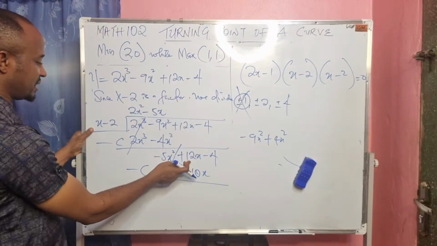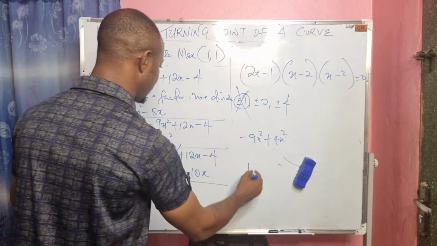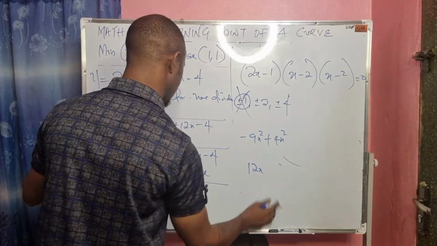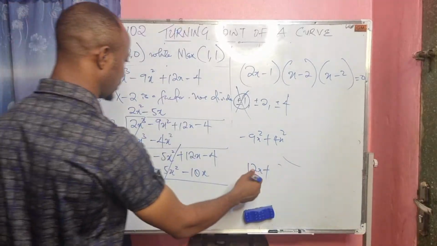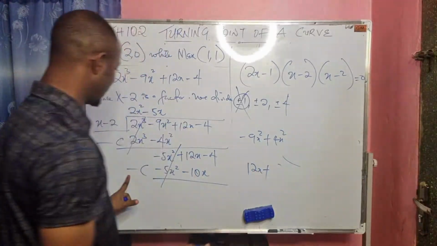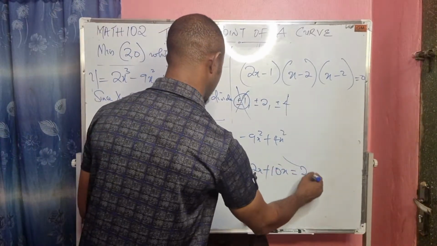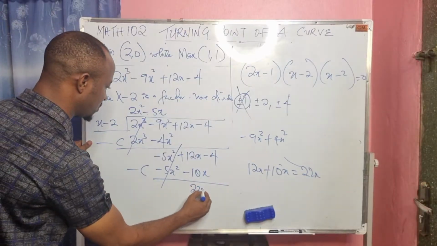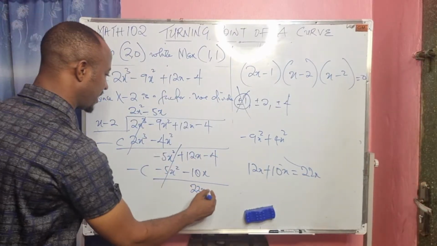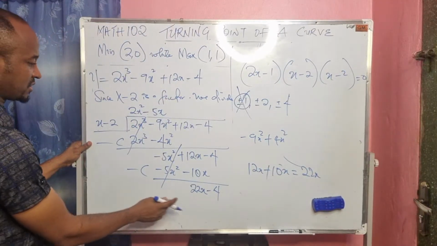So we have 12x minus minus 10x; minus times minus is plus, so 22x. Then we have minus 4.